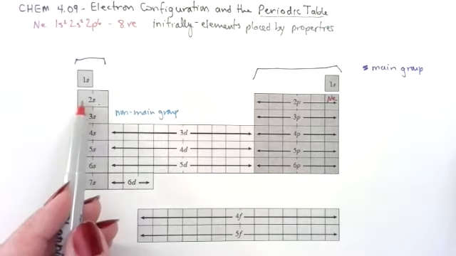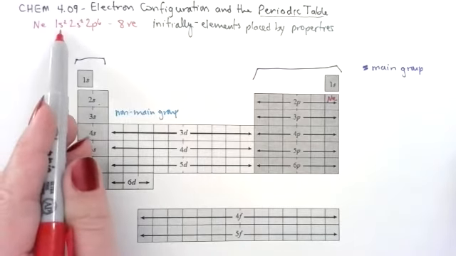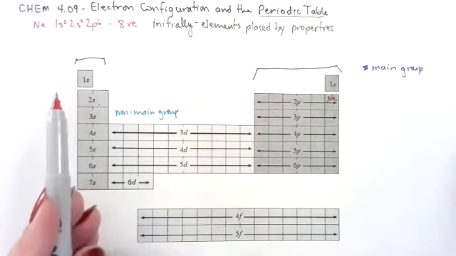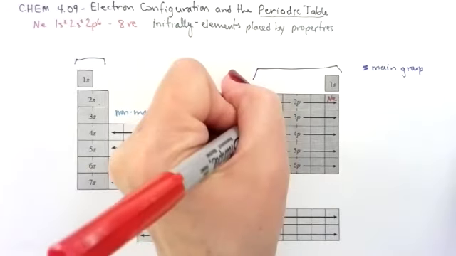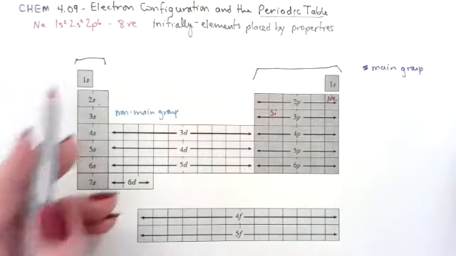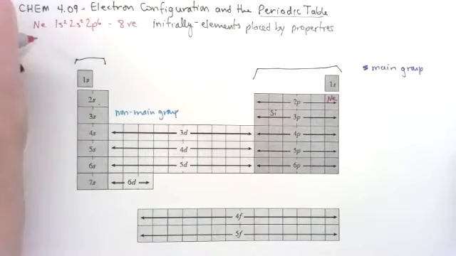So in order to find an element's electron configuration, all we have to do is look at the periodic table. Let's take, for example, silicon, which is right here. Without even looking at an Aufbau diagram, I can use the periodic table to determine silicon's configuration.